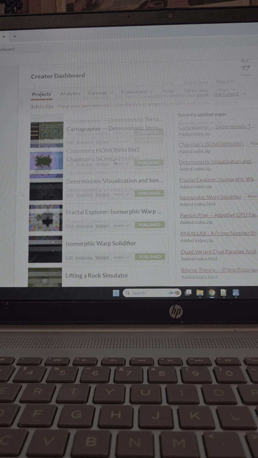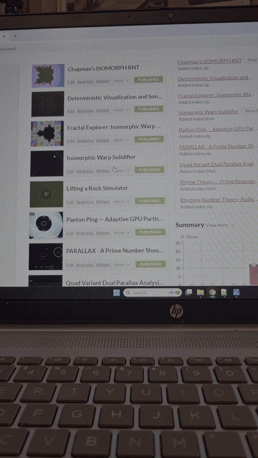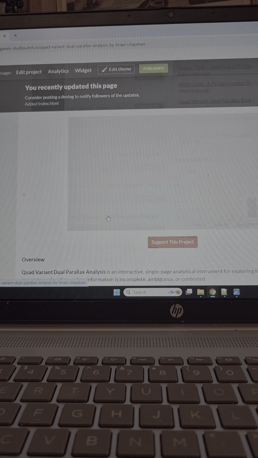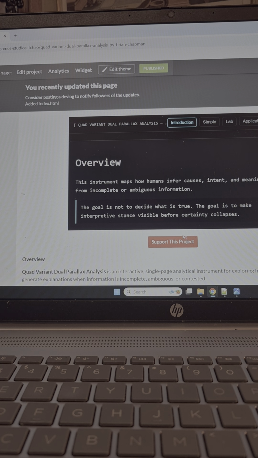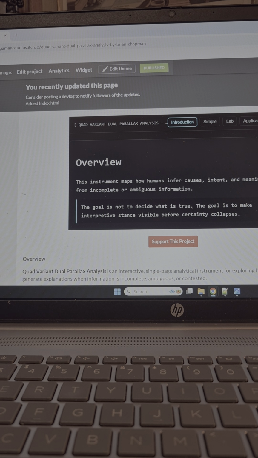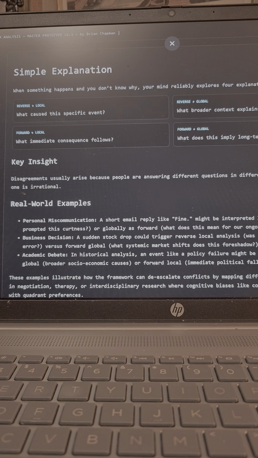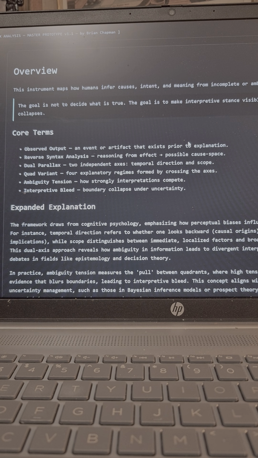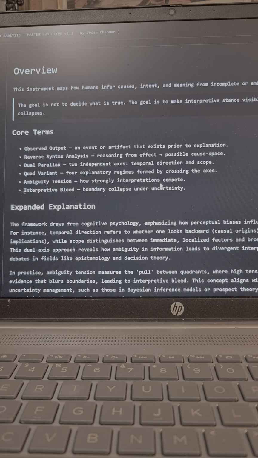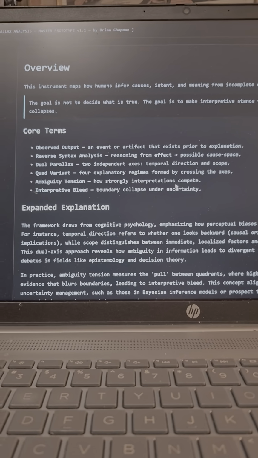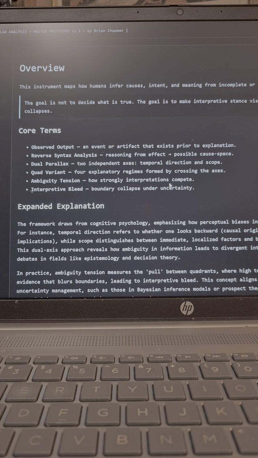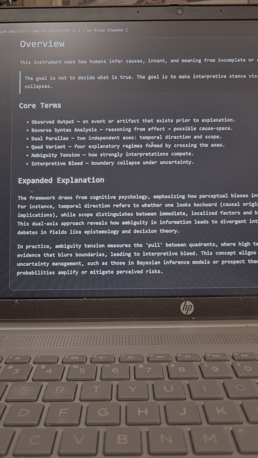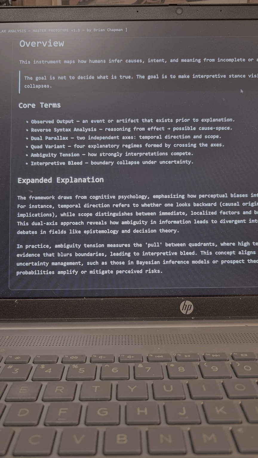But our newest addition is the quad variant dual parallax analysis artifact, which I'll just pull up here. And basically what it is is 4 simple slides with a general introduction, covering what I'm talking about and the terms that we're going to use in the slide, along with an expanded explanation for more academic purposes.